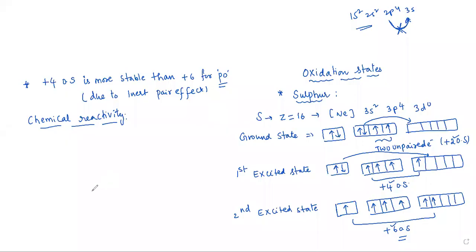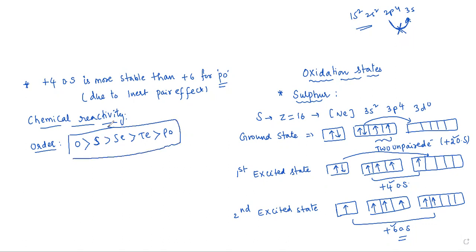Of group 16 elements, children. So the order of the reactivity can be given. Oxygen greater than sulfur greater than selenium greater than tellurium greater than polonium. And most of these reactions with oxygen are highly exothermic reactions. So that is the reason reactivity will be more for oxygen.